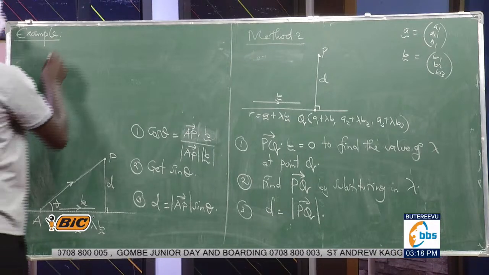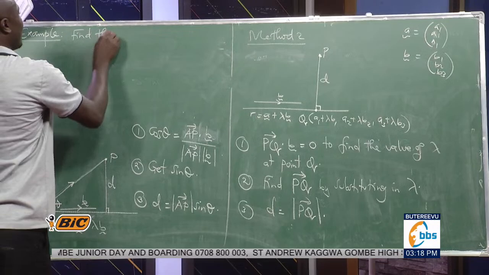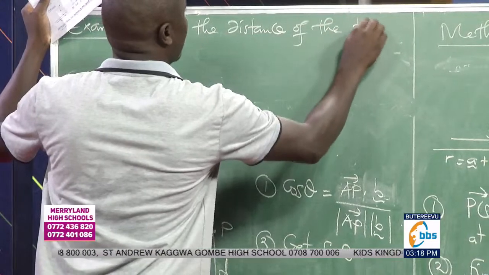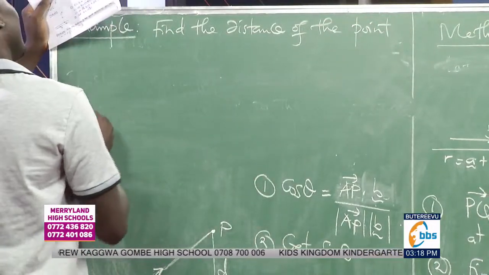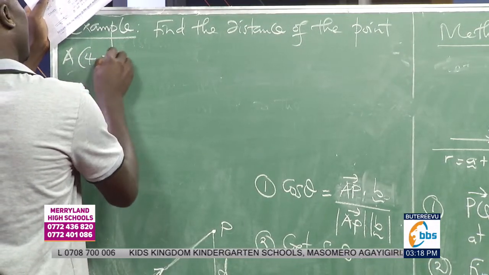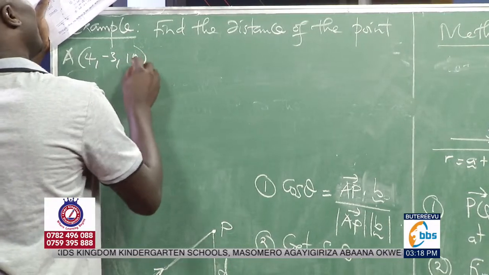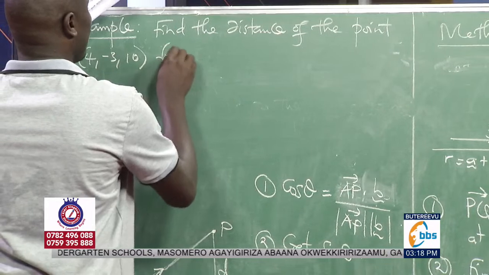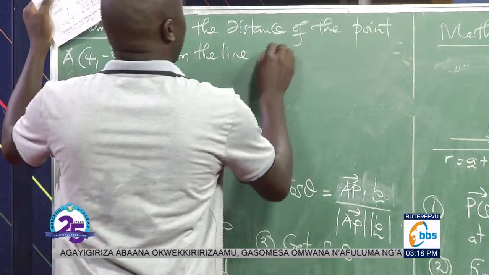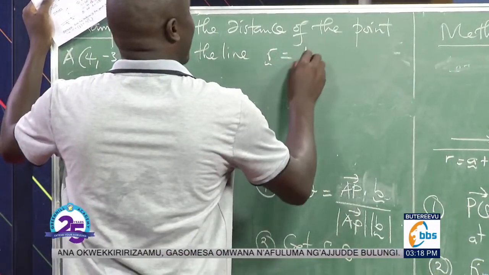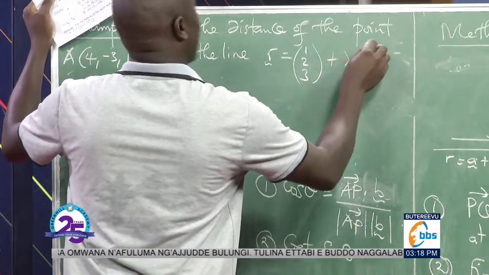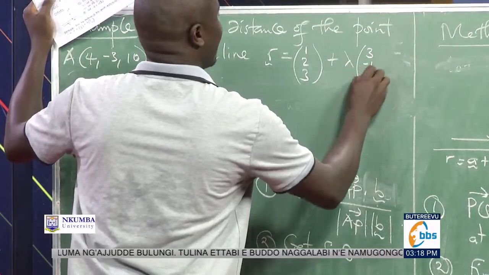Find the distance of the point A, which is (4, -3, 10), from the line r = (1, 2, 3) + λ(3, -1, 2).